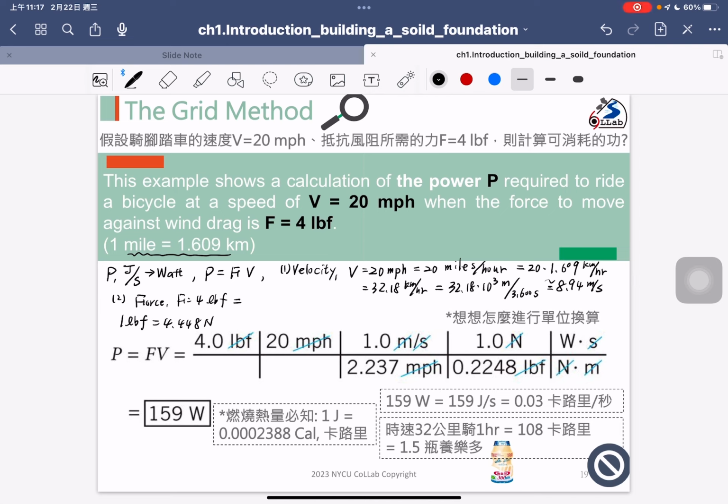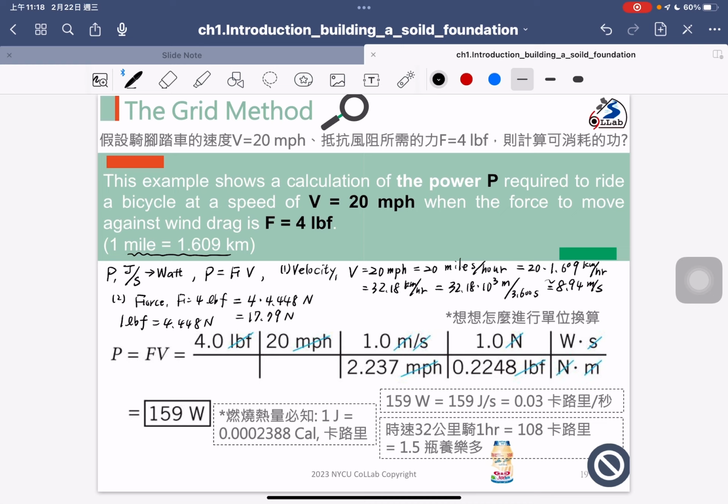So we should convert pound force to newtons here. So I multiply by 4.448, and the unit will be newtons. I use the calculator to compute the answer. It's around 17.79 newtons.